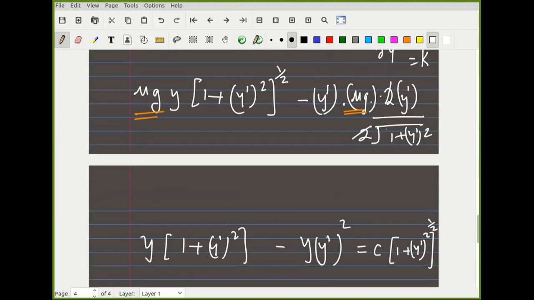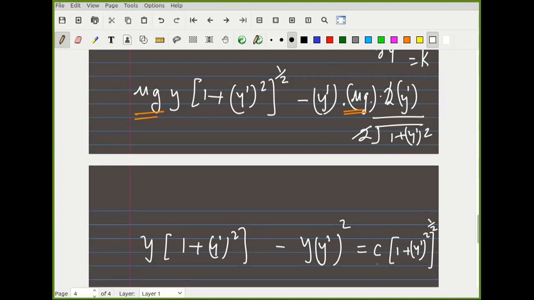If this denominator term is taken as the LCM, then you have root of 1 plus y dash the whole square, and then this mu g goes to the other side as k divided by mu g.